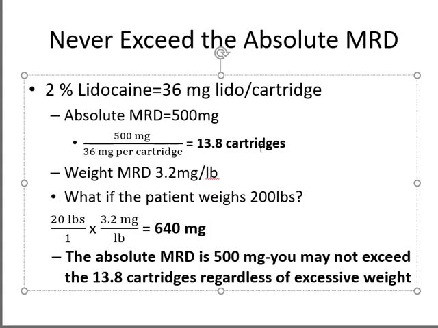What if the patient weighs 200 pounds? 200 pounds multiplied by 3.2 milligrams, the pounds cancel out, and you end up with 640 milligrams, but we already know the absolute MRD is 500.